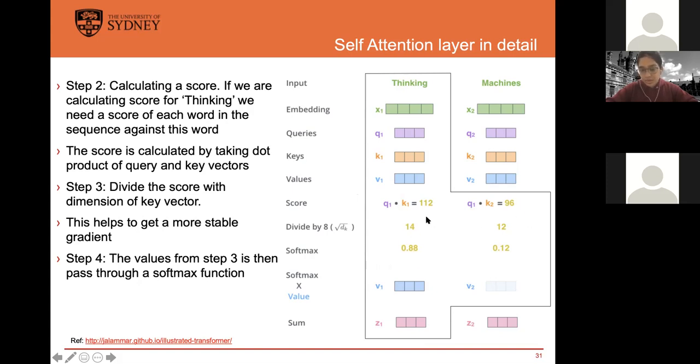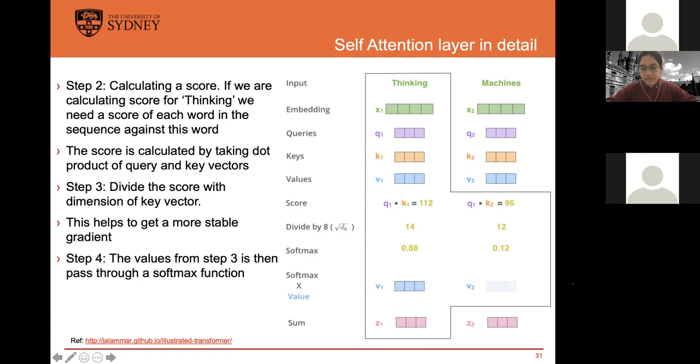This will give you a probability distribution. Also, it will amplify the values which are more similar, and if the similarity is small, it will reduce it further by multiplying with very small numbers.